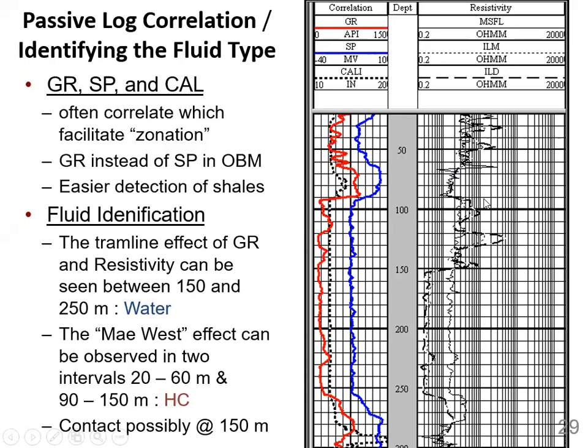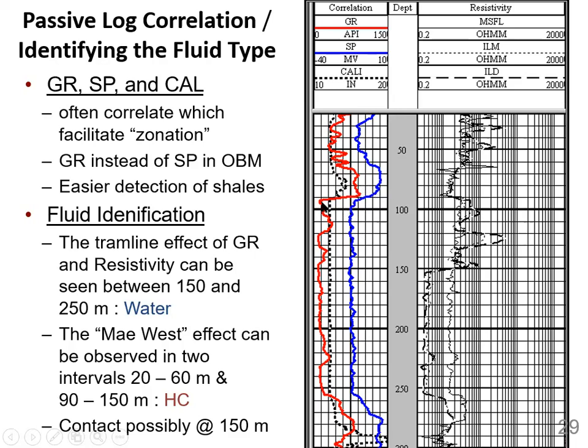So you have the deep resistivity, you have the medium measurement, and then you have a shallow measurement. It's important that you see that there's some correlation between these 3 logs. That's the caliper, the gamma ray, and the SP.